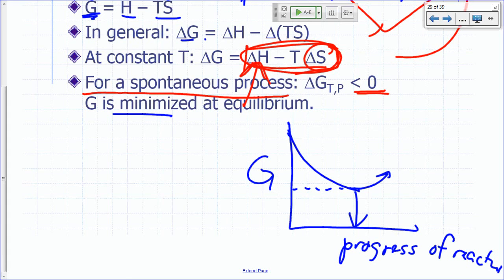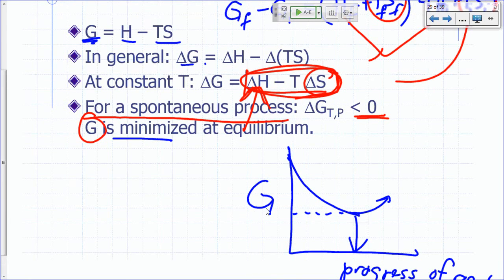Two seemingly unrelated things are in fact related. The Gibbs energy is your link between heat measurements and chemical equilibrium. So Gibbs energy is minimized at equilibrium. During a spontaneous process, the Gibbs energy of your system will be dropping.